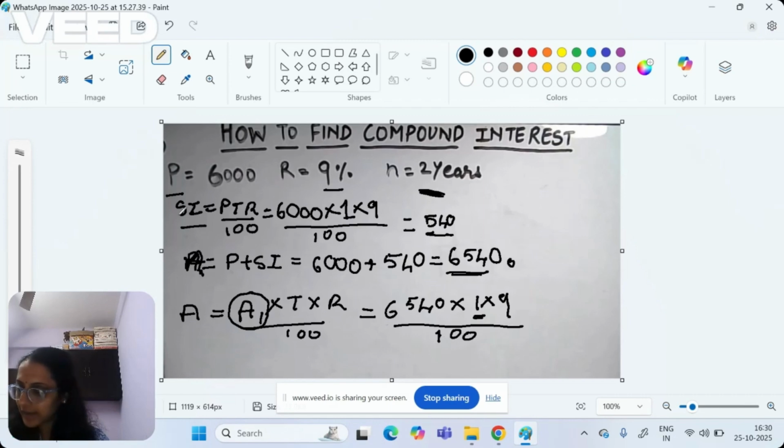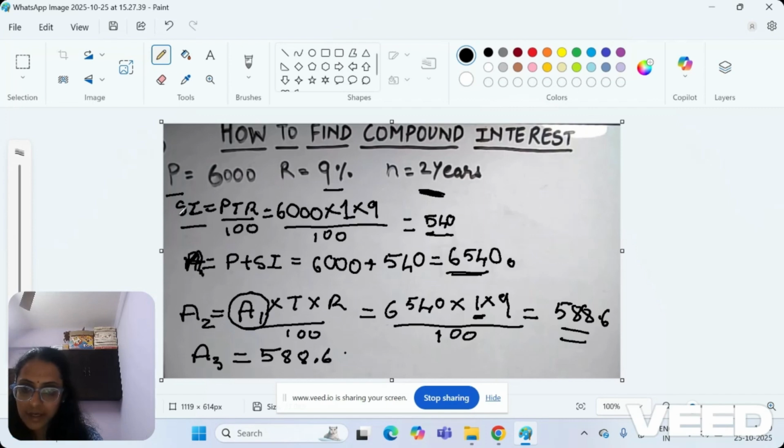If I calculate, I will get the value 588.6. So the final amount which I have to give to the lender will be the new interest, 588.6, plus the new principal amount, 6,540.